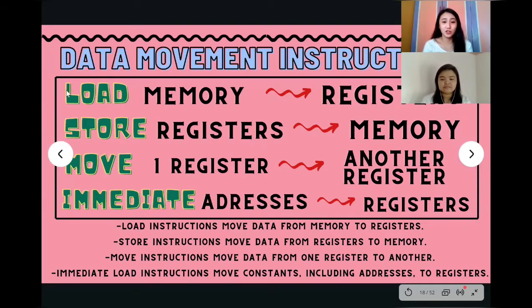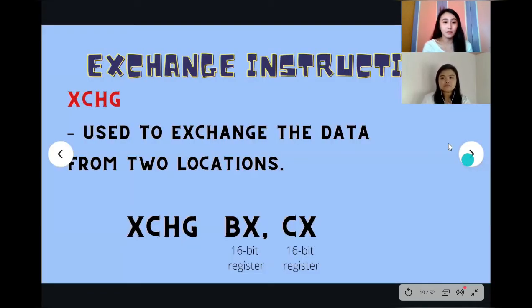So, yung load instructions move data from memory to registers. Tapos, yung store instructions move data from registers to memory. And then, yung move instructions, it moves data from one register to another register. Tapos, yung immediate load instructions, it moves constants including addresses papunta sa registers.